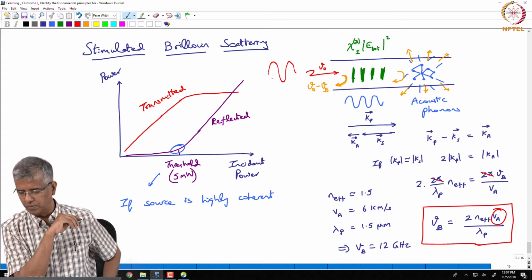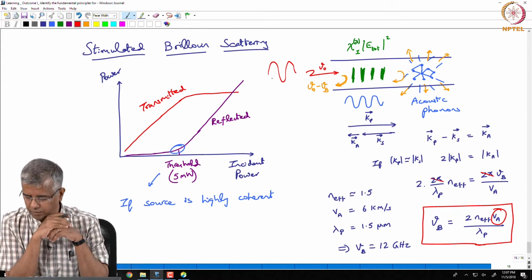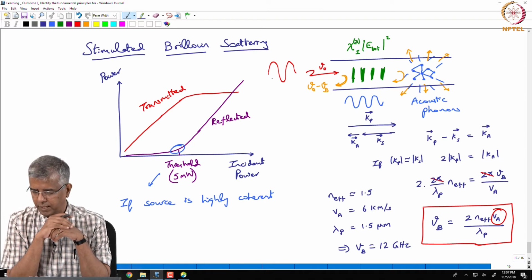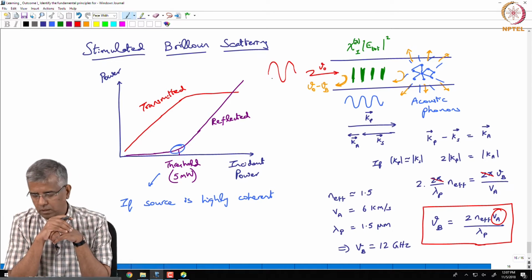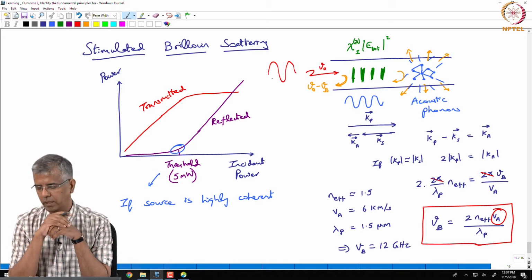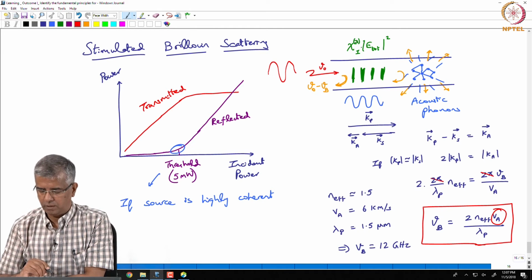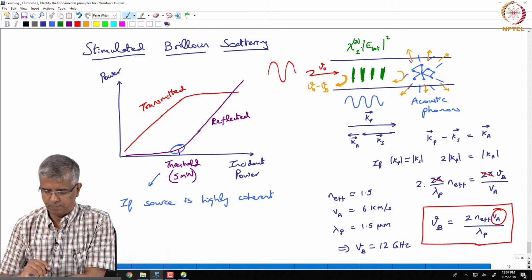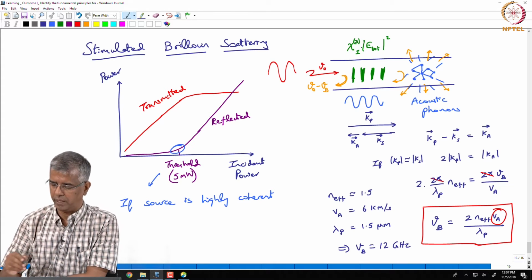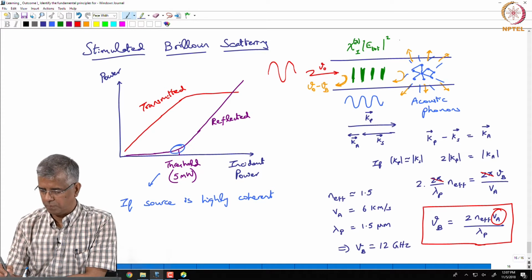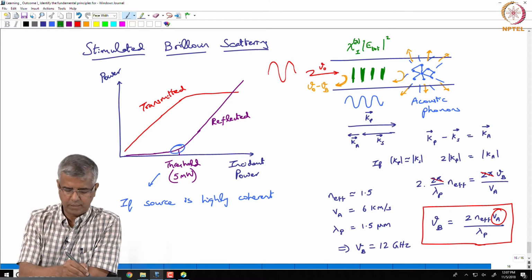We looked at the specific case of how this is happening in an optical fiber, and we said that light is beating with the light that's incident, and that beating provides a change in the refractive index, and this change actually corresponds to Chi3 multiplied by the magnitude of the total field whole square. This is through a process we call electrostriction.